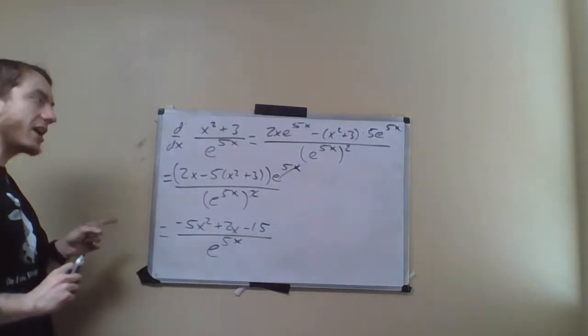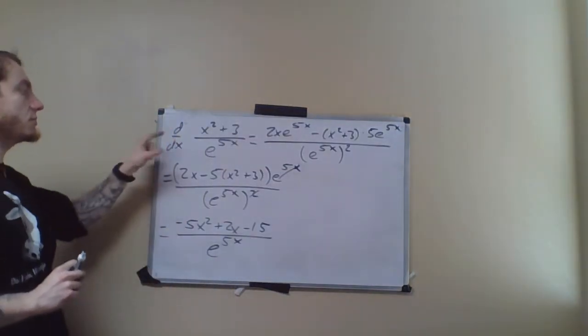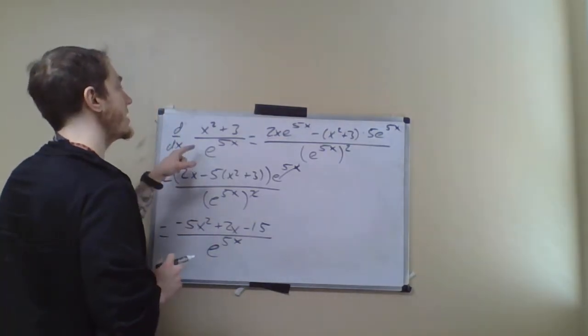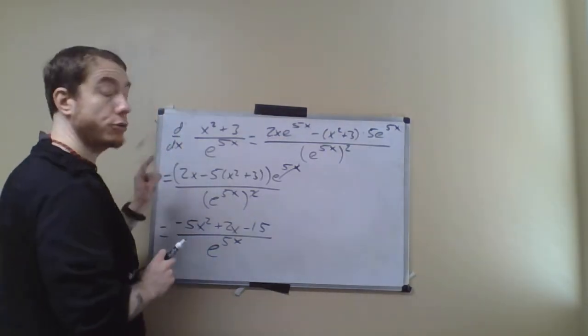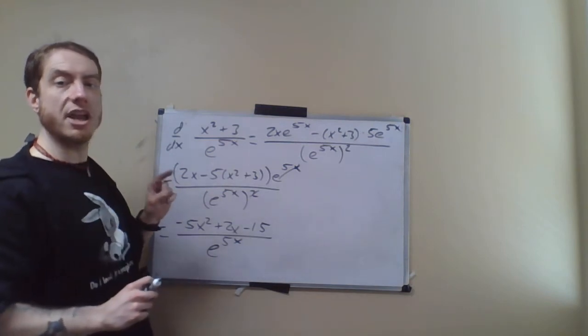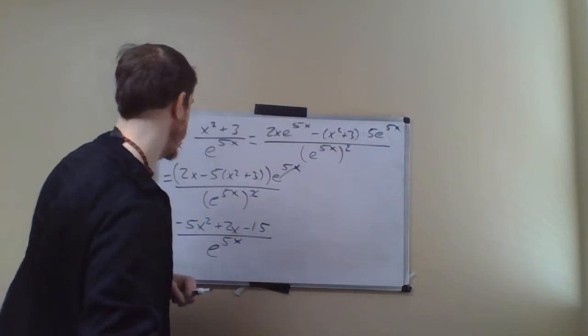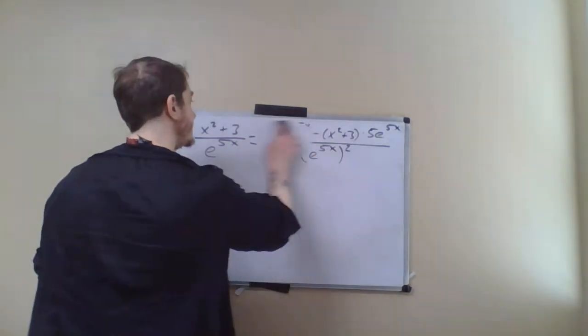But there's a second way that I can think about this instead of using the quotient rule. I could, if I wanted to, have rewritten this in the following way.